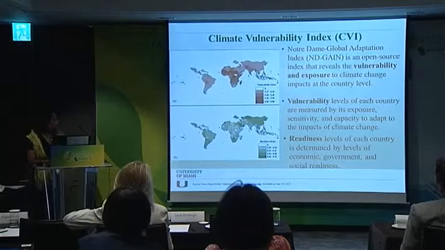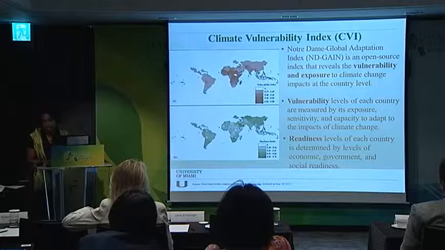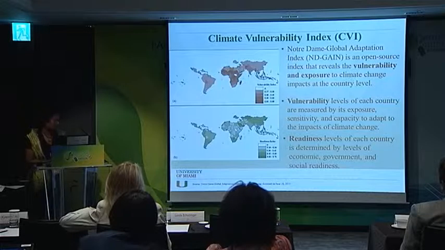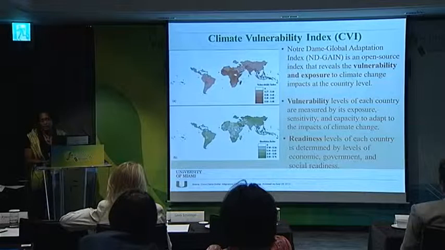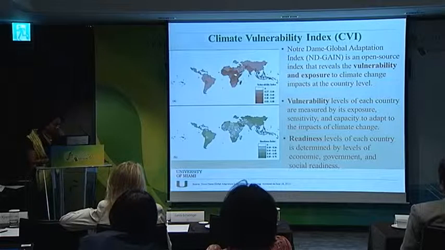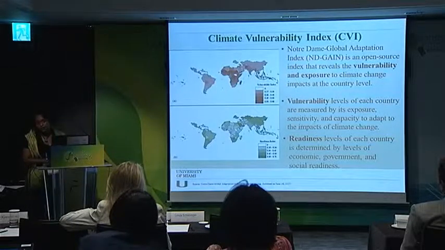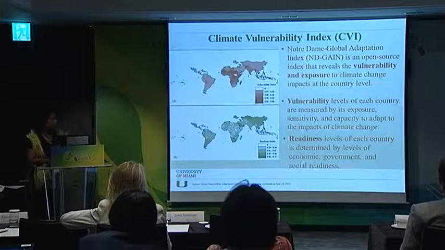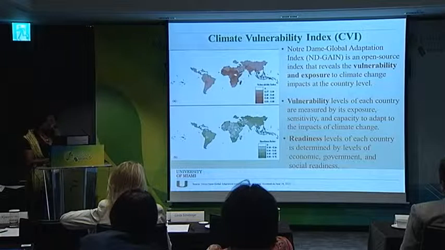Readiness is in terms of adaptation, how resilient their infrastructure is. If there is sea level rise or a big hurricane, how ready are they for climate change? They also have another index called the exposure index. So they have the vulnerability index, exposure index, and readiness index. I've just shown two maps here, and again, notice the areas which stand out.